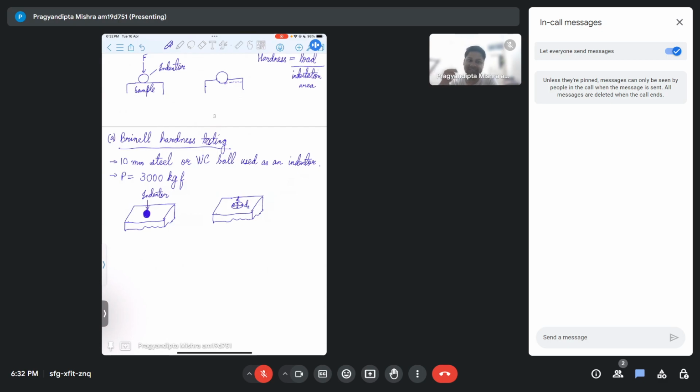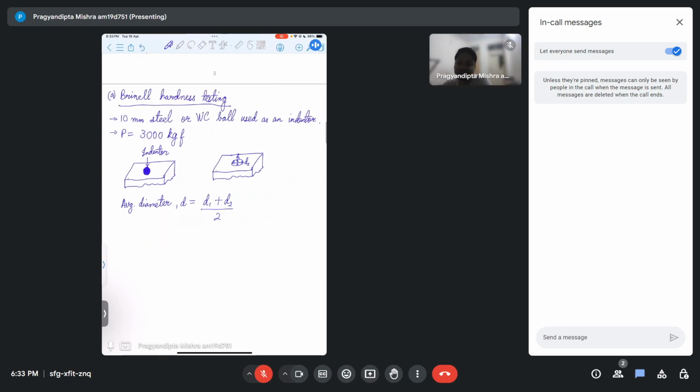But just in case it is not, to ensure that it is an average diameter that we're taking, we will just take D1 plus D2 by 2. So average diameter D is taken as (D1 + D2)/2.